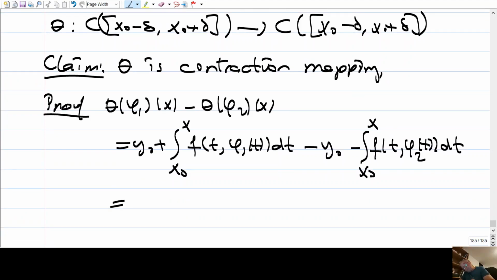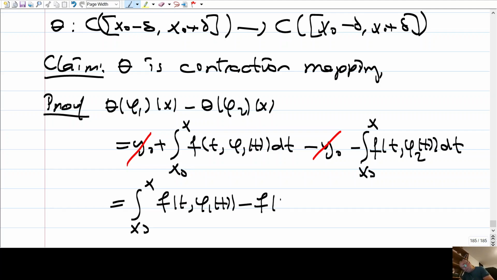Well, the y0s are cancelled, of course. So we get the following: the integral from x0 to x of f of t, phi 1 t minus f of t, phi 2 t, dt.